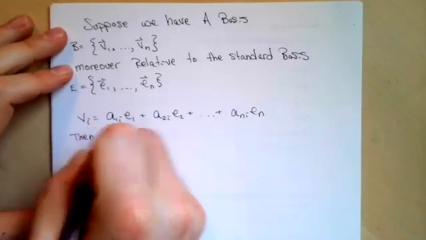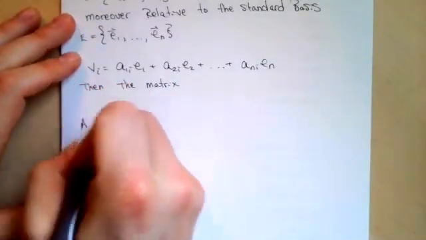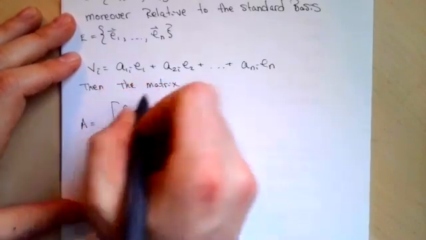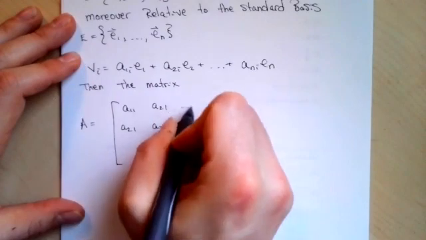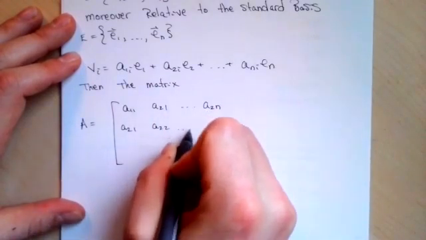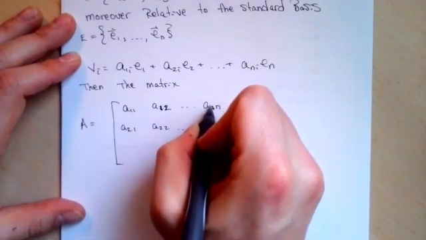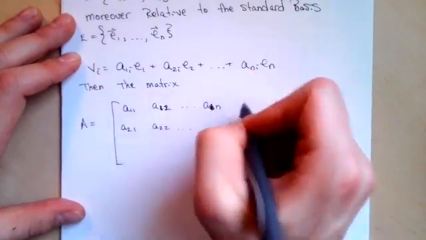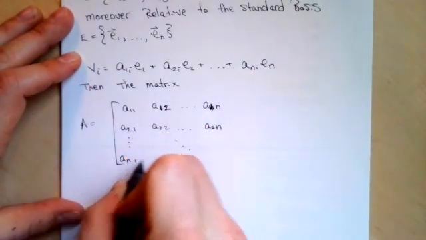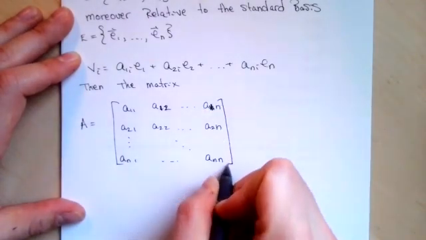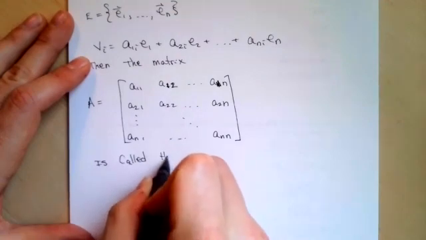Then the matrix A equal to, if we put all of those now in our matrix, I'm confusing my indices. a_12, and a_n1, excuse me, a_2n, a_n1, and then a_nn, is called the change of basis.